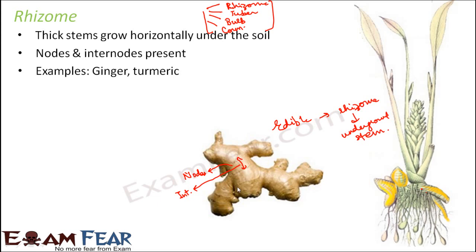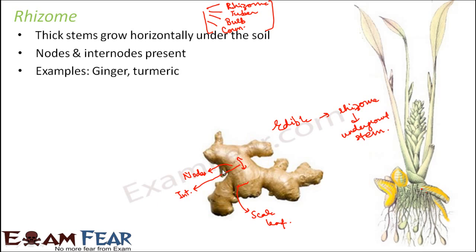At certain places over the nodes you will have small leaf-like structures, which are nothing but the scale leaves. From these nodes you would also have seen that some thin hair-like structures arise. If you observe the ginger very closely, they denote the roots.